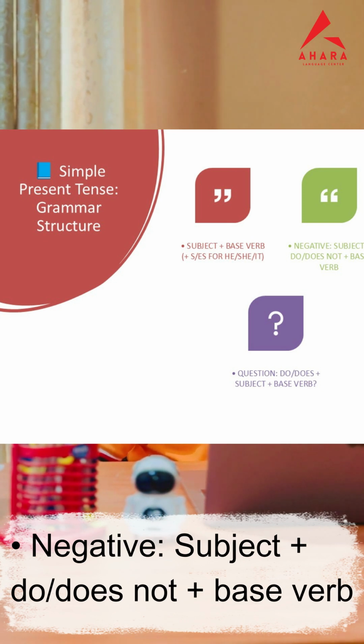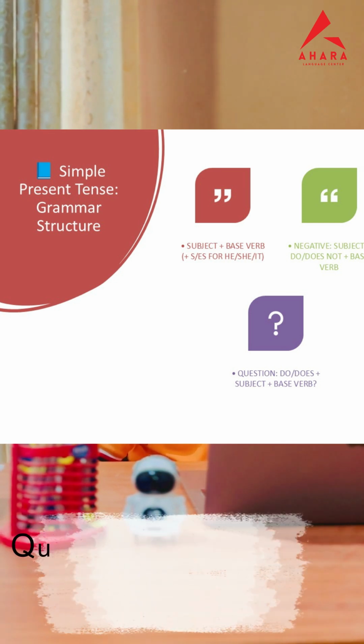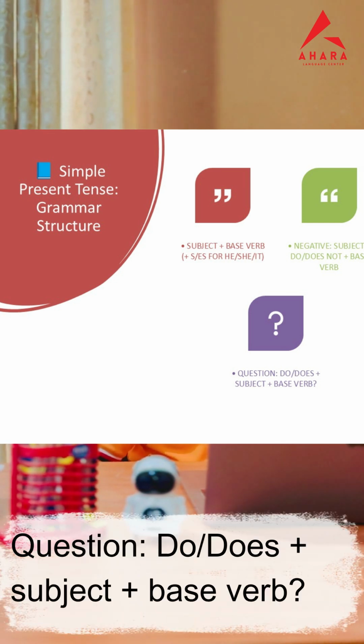How does it come? Subject plus do or does not plus the base verb. Then the third rule, when it comes to questions, then we will be using do or does plus subject plus the base verb. This is how the simple present tense will be used.